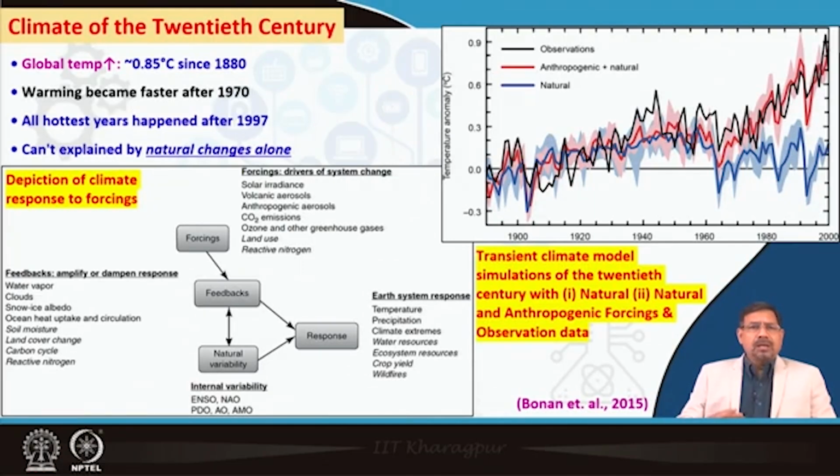In turn, let us first also utter a few words on internal variability, as we have discussed already in the 7th lecture. The ENSO, El Nino Southern Oscillation, the NAO and the PDO, AO and MAO. These also go as internal variability, and then the responses.